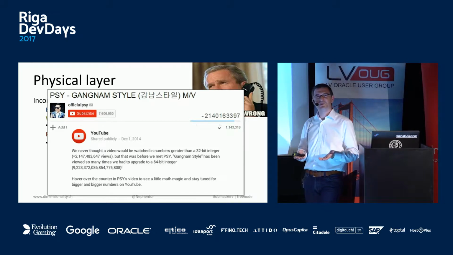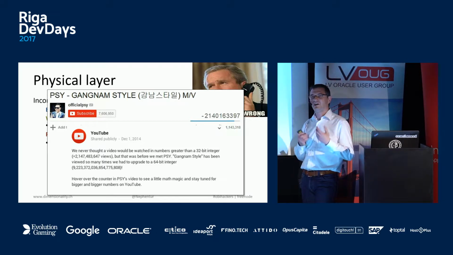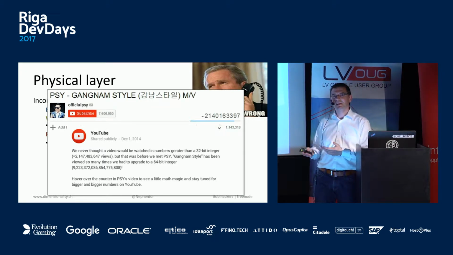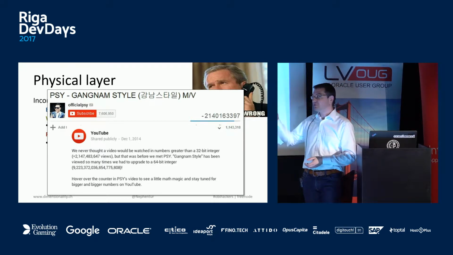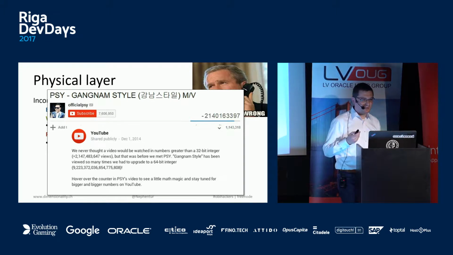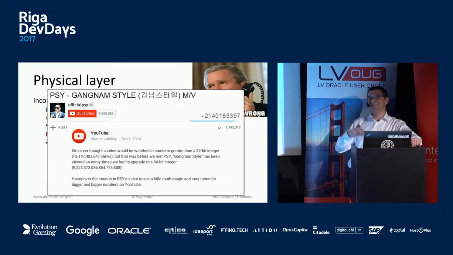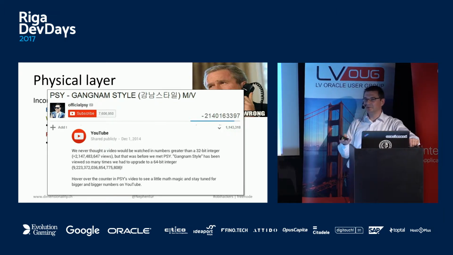Why would you use a signed integer for that? I mean, you can't watch a video -1 times. It will always be positive. So they ran into this, and well, guess what? Oracle BI internally uses integer as a 32-bit signed integer. So rather go for a double or a number if you run into this.